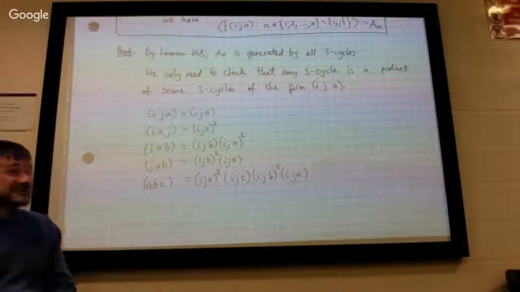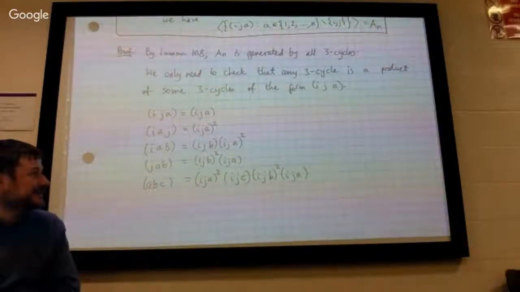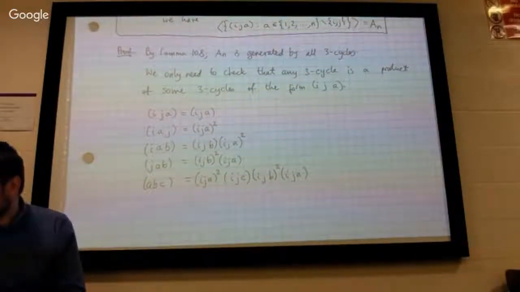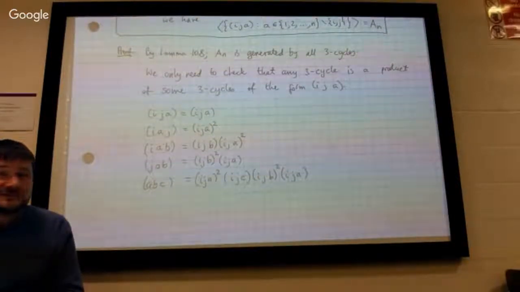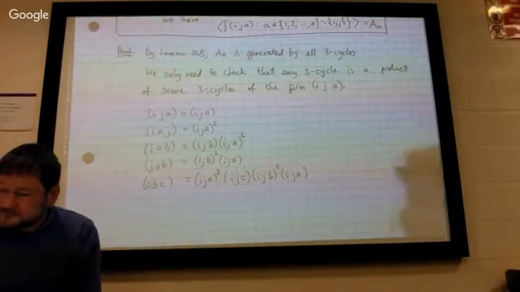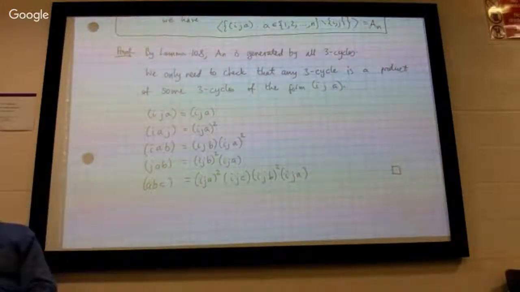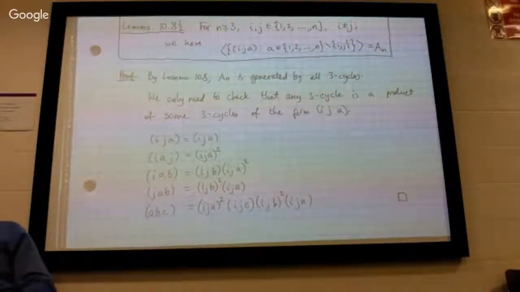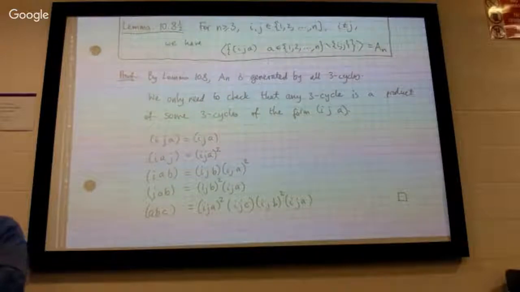I think I checked it some time ago and it worked. So if you don't believe me, check it. If it's wrong, I'll have to fix it. Lemma is proved. Okay. So what's in it?